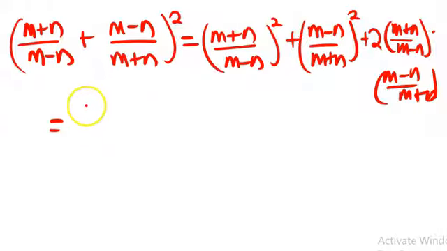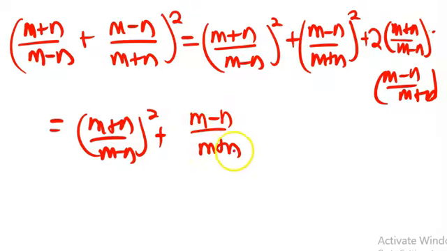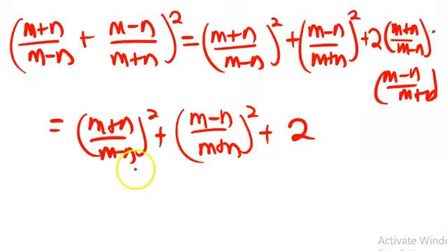So this is equal to [(m+n)/(m-n)]² + [(m-n)/(m+n)]² + 2, because the reciprocal of this is that, so they cancel out, remaining 2.